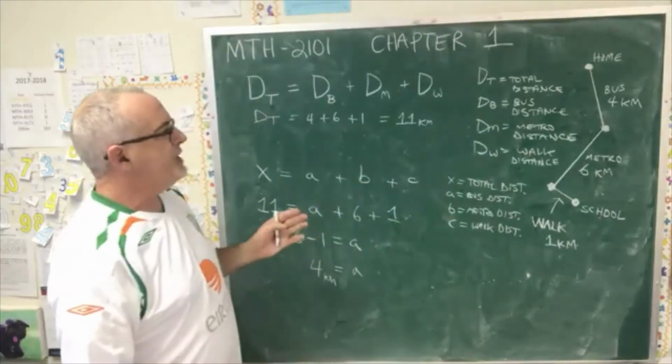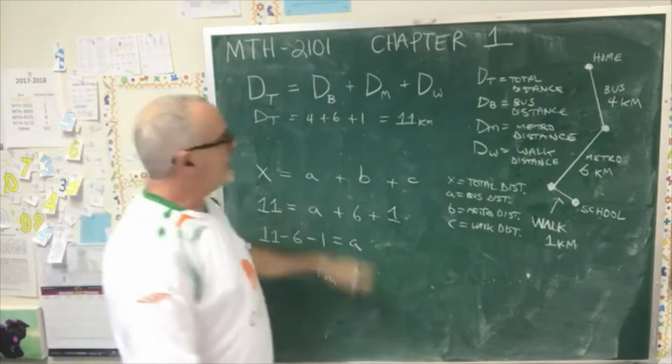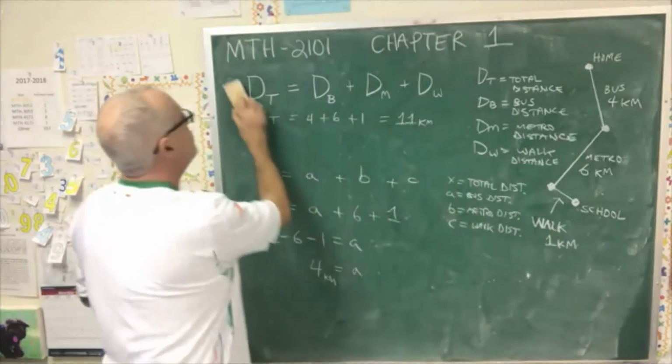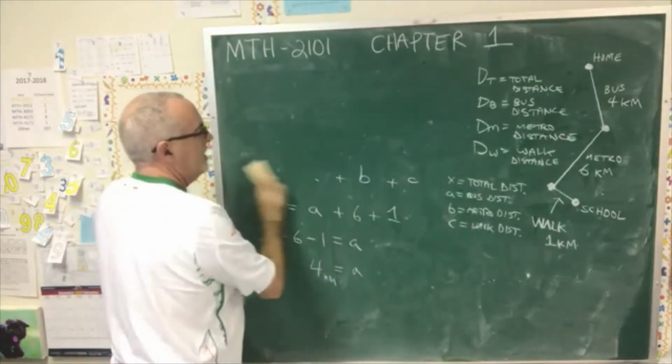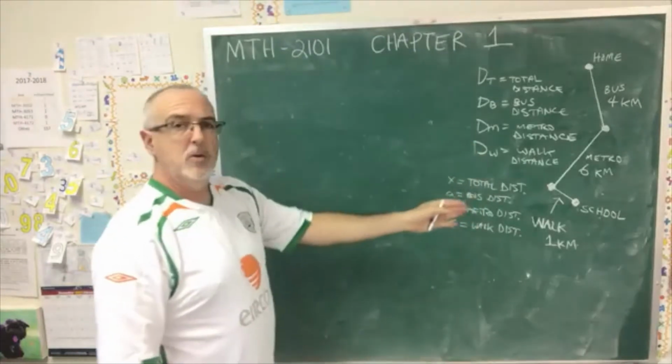Let's look at some other scenarios. What if, I'll erase some of this here. What if there's more than one way for me to get to school?